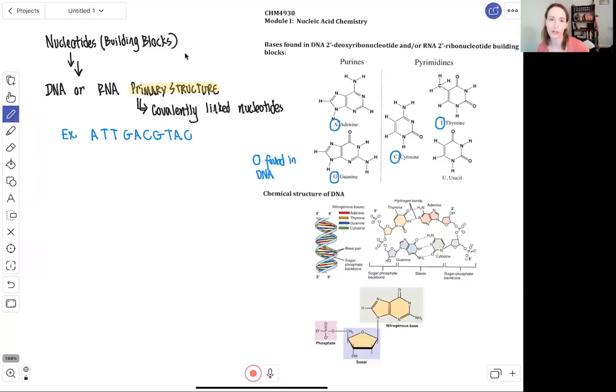When we're thinking about the primary structure, the sequence of a nucleic acid chain, the way that we write that out by convention is that the so-called 5' end of the chain is listed first. And that's going to be the end of the chain that has a free phosphate group.